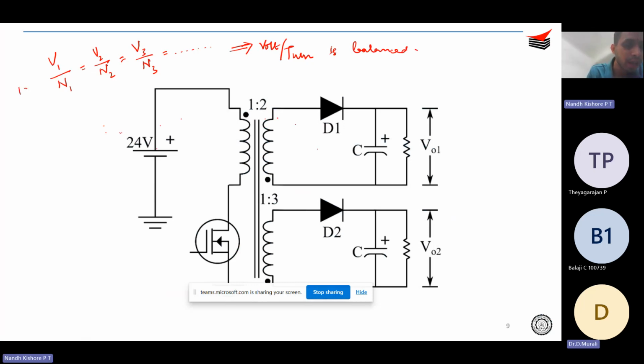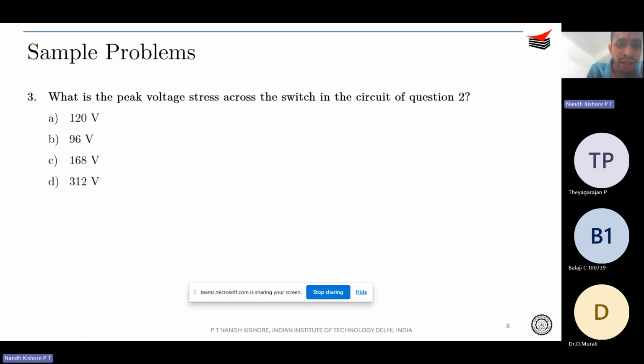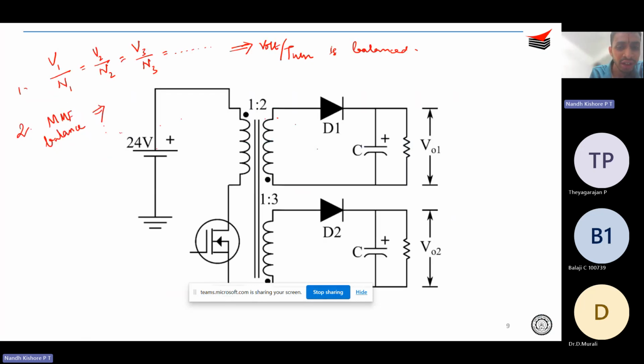So this is one point, and the second point is what is known as MMF balance, or you can call it flux balance, whatever it is. So MMF balance should be maintained. Let's say that your conventional current direction in each of the windings is something like this. This is I1, and of course current enters the dot, therefore I2, and this is I3.